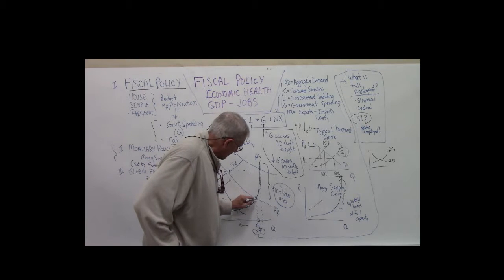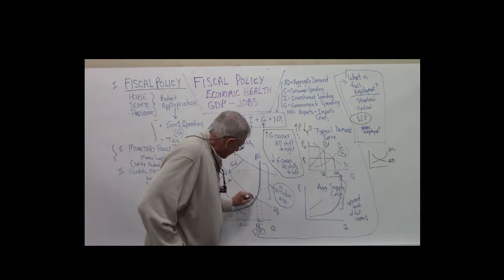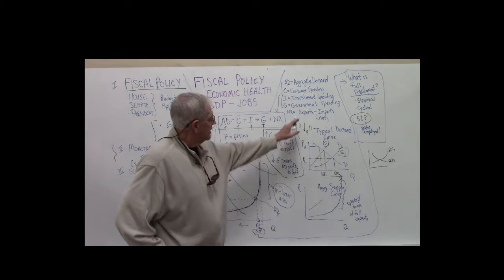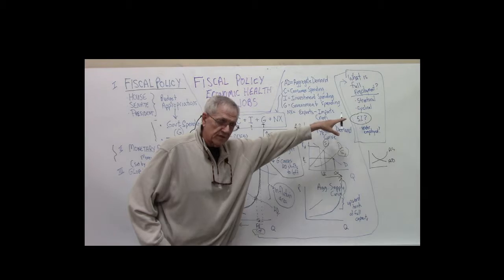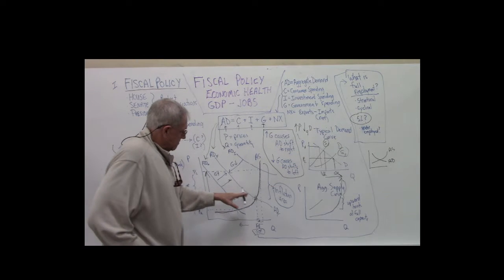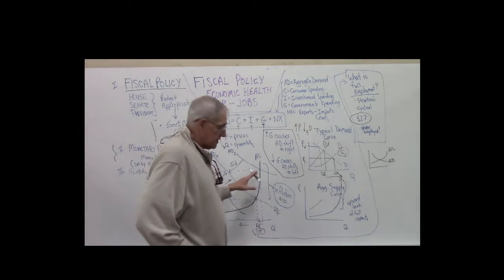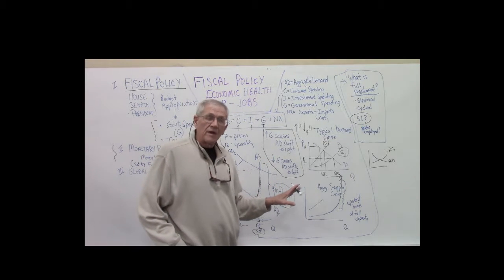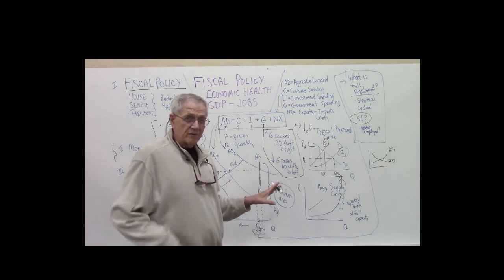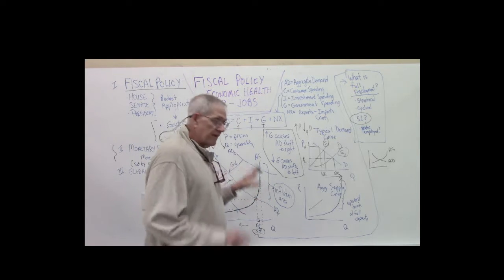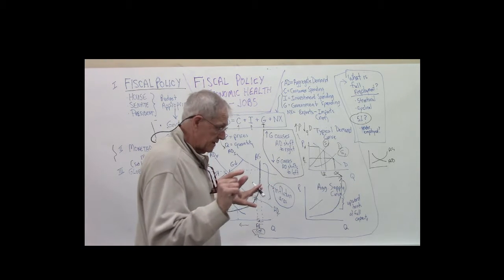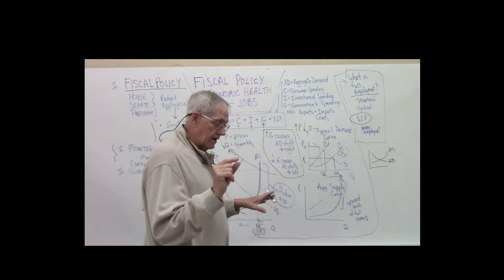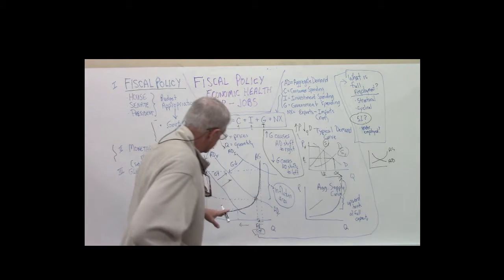But the point that I'm making is that in full employment right here, and we can argue about the 5% unemployment figure, if you go beyond full employment, all of a sudden you start to have huge price increases with very little improvement in the job situation or in the total output of the country.